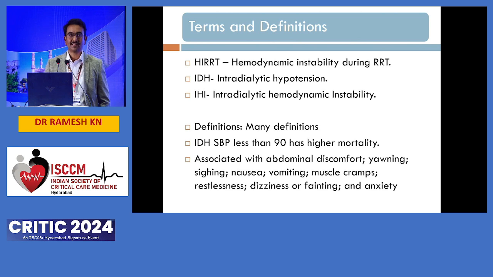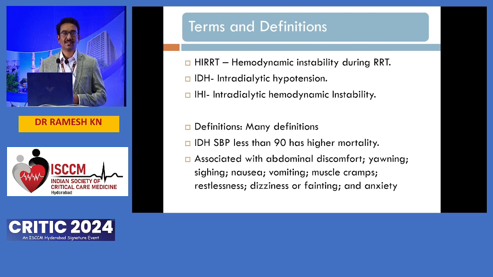So there are various terms used for intradialytic hypotension, like hemodynamic instability during renal replacement therapy, and intradialytic hemodynamic instability. And we have many definitions for this, from Europe, Japan, and the US.